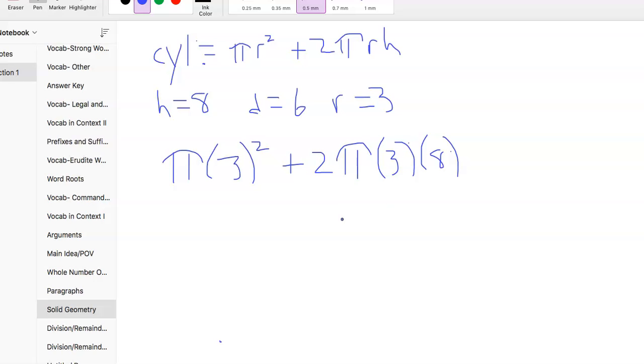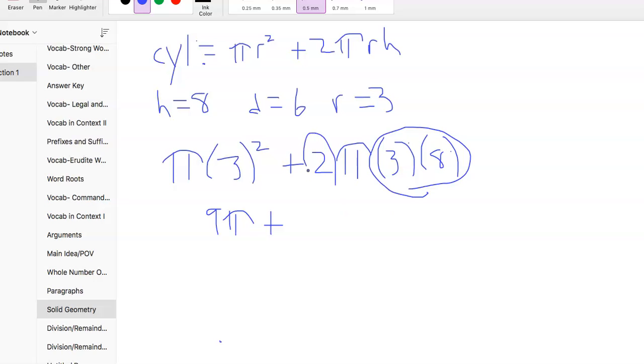Okay. 3 squared is 9. So we'll say this is 9 pi plus, we've got this 3 times 8 here is 24. Okay.